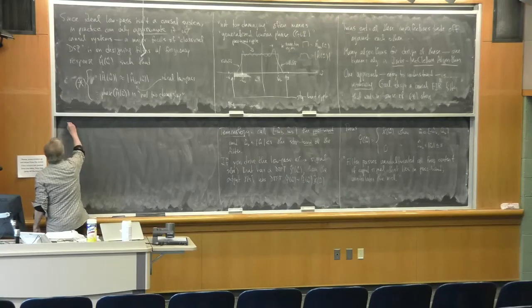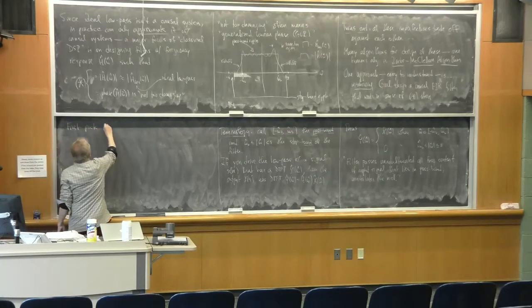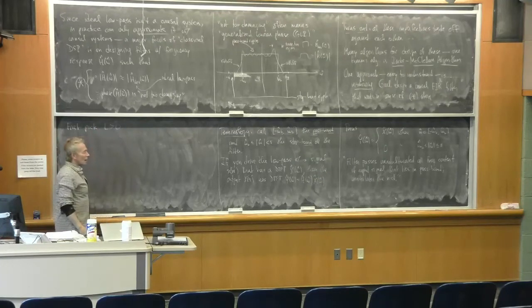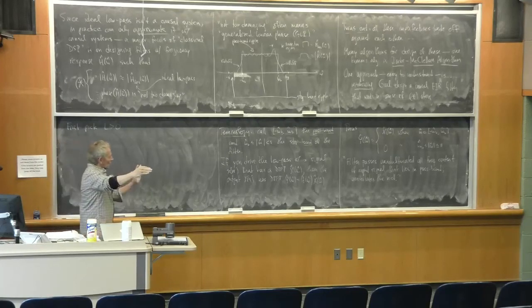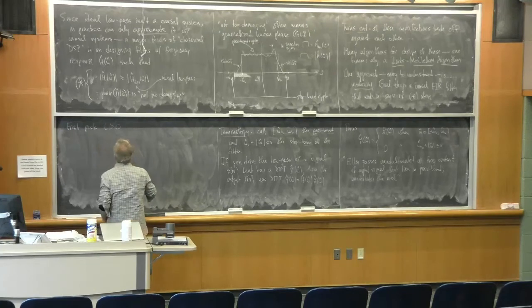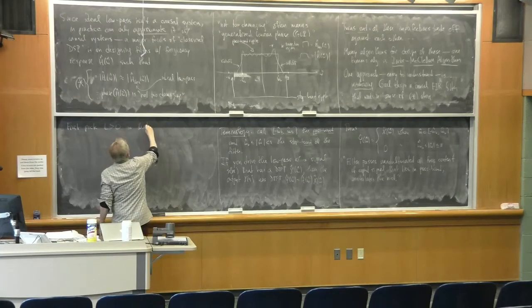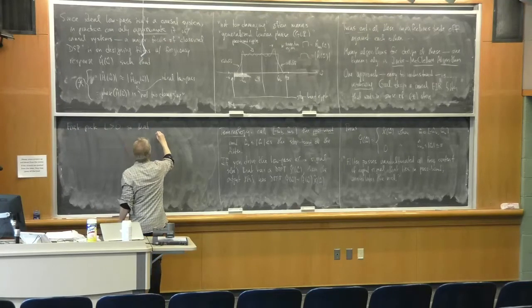So first step is you pick L bigger than 0, so that if you shift the desired impulse response to the right by L, then most of the action in the impulse response takes place in the interval 0 through L, not including L. So the following is true.